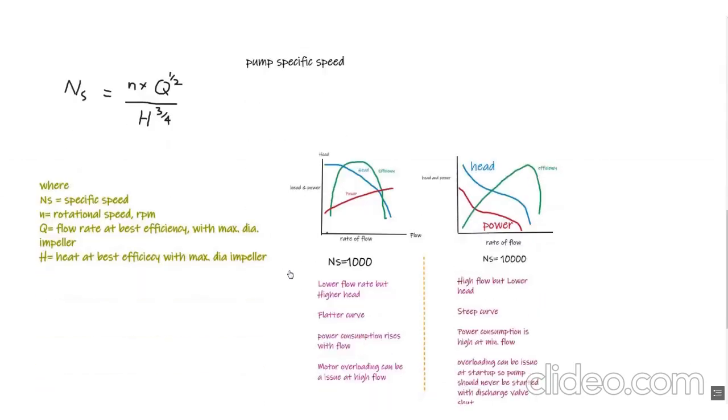Okay, so in equation we can say that NS is equal to N multiplied by the square root of Q divided by H raised to the power 3 by 4, where NS is pump specific speed, small n is rotational speed, and capital Q is flow rate at best efficiency at maximum impeller diameter, whereas H, as we know, is the head at best efficiency with maximum diameter impeller.